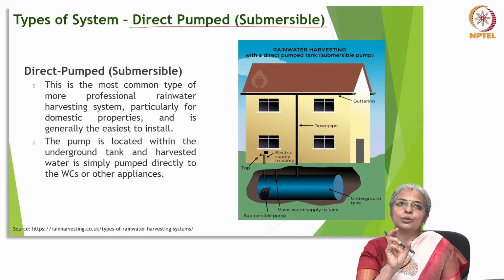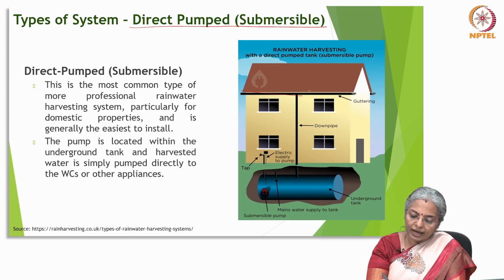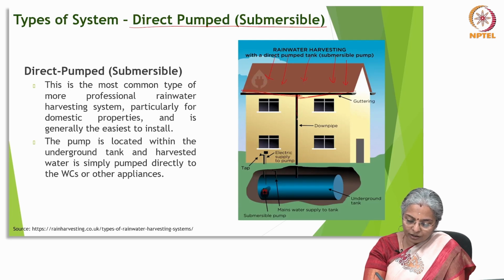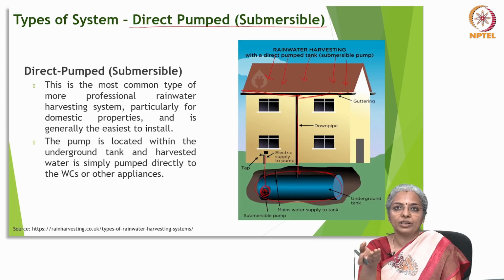So, if you want to use this rainwater specifically for flushing, then as I told you, you have a gutter with a slight slope, rainwater falls on the terrace, the gutter collects the rainwater and through a down pipe it flows, and then here there is an underground tank, and in this underground tank there is a submersible pump, and that gets connected to any part of the building to which rainwater can be supplied.